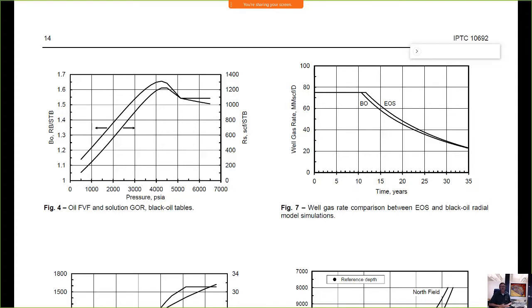But if you have a non-monotonic RS, then you would almost always have a non-monotonic BO. But yeah, the RS is what it doesn't allow. So then you have to come up with some kind of fictitious BO curve to run Eclipse 100 for this.